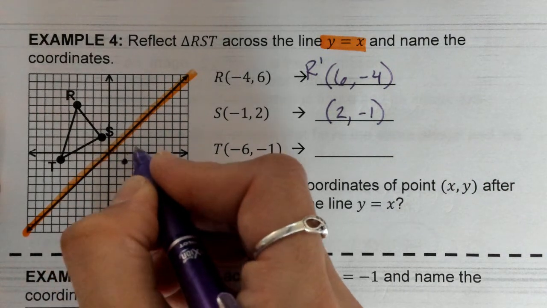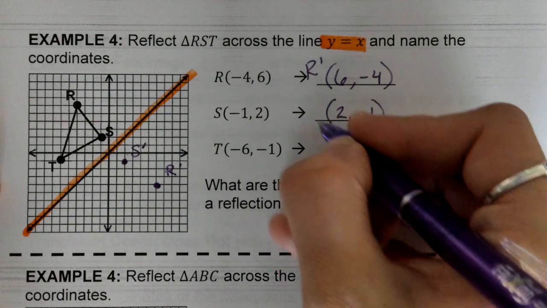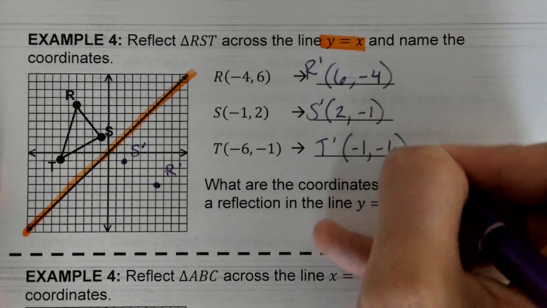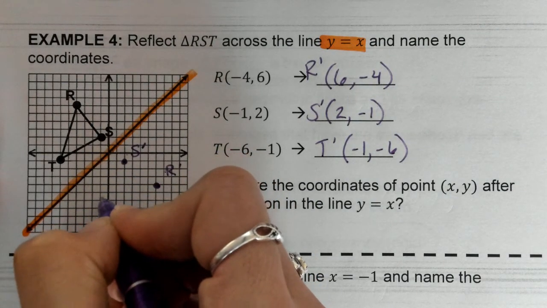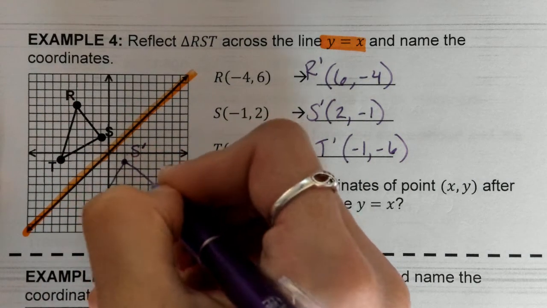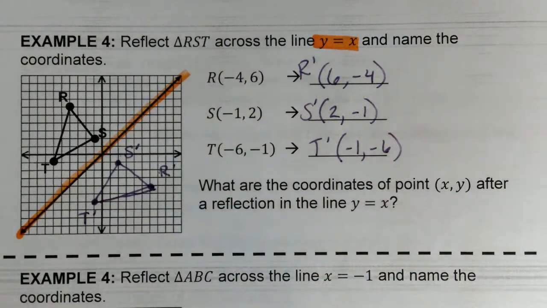There's your S prime. Your T prime is going to wind up at negative 1, negative 6. This will be your T prime. So again, if I fold over that line of reflection, these will lay exactly on top of each other.